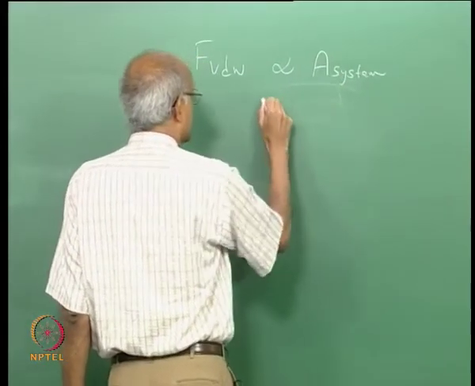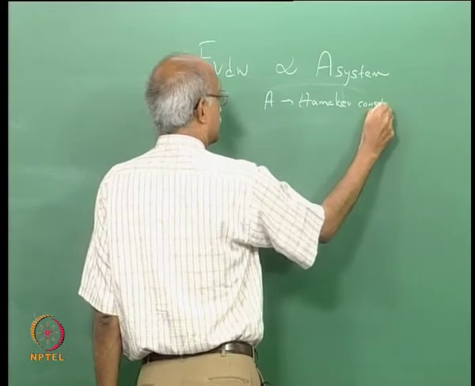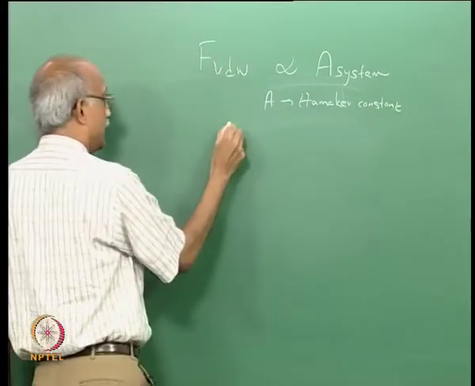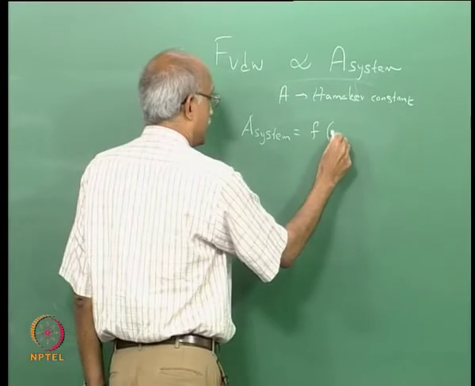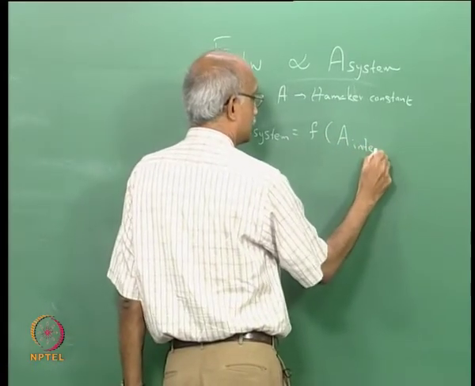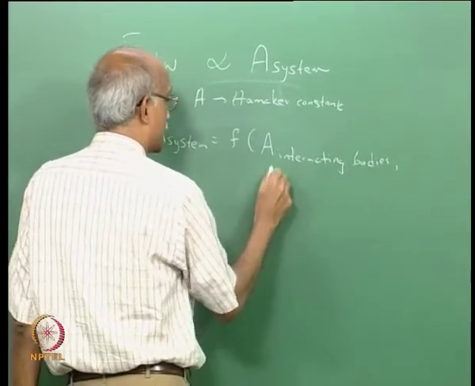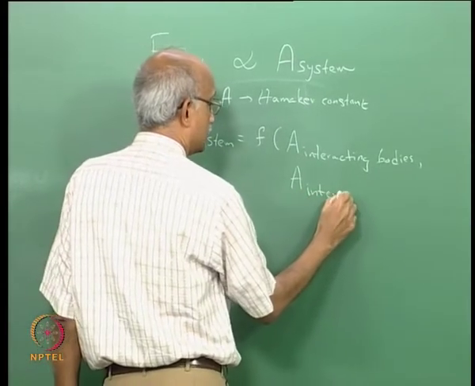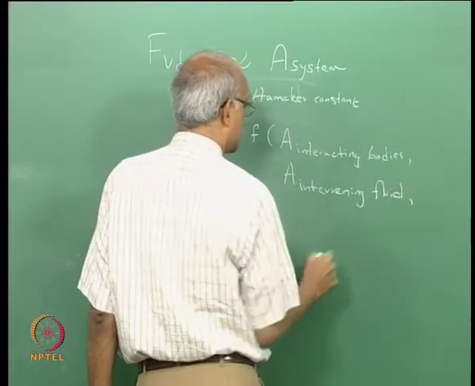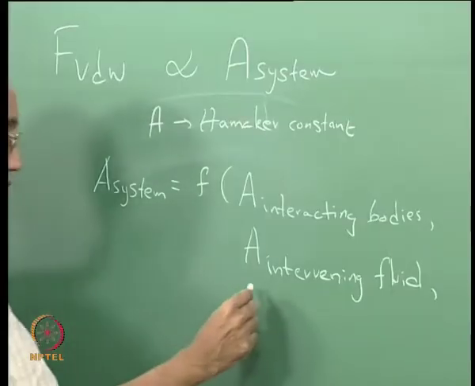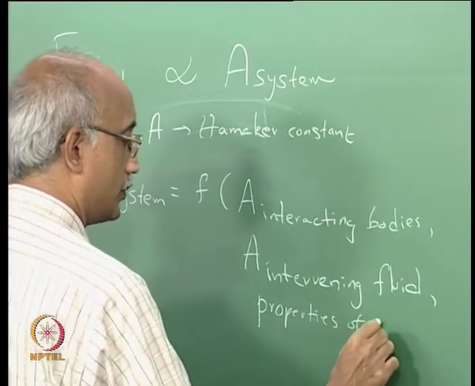The Hamaker constant is represented here by A, and this A itself of the system is a function of the Hamaker constant of the interacting bodies, the Hamaker constant of the intervening fluid, and the other properties of the intervening fluid.